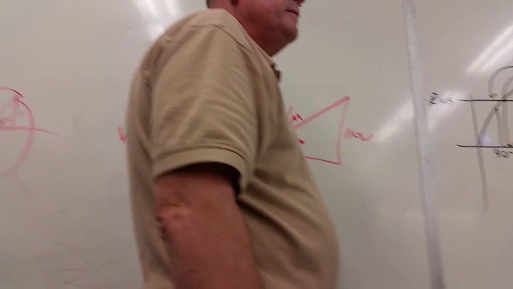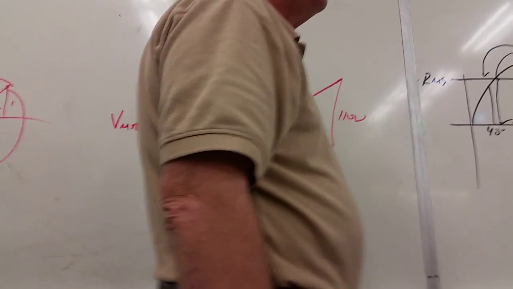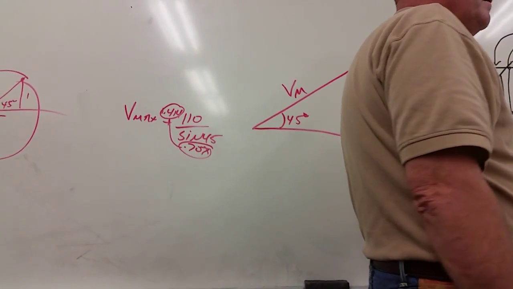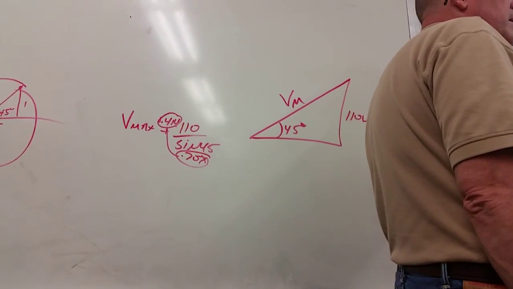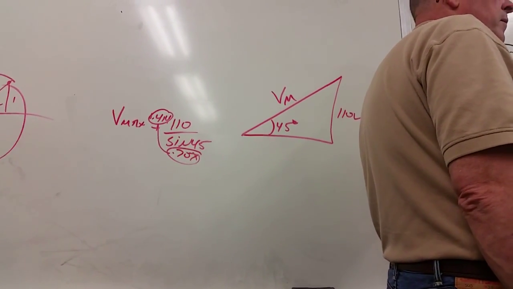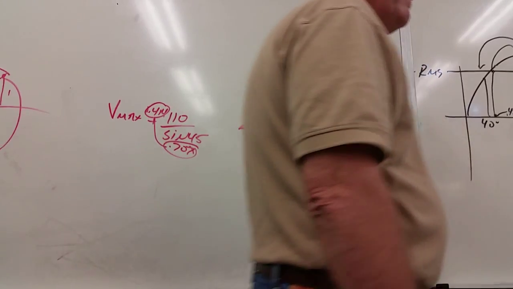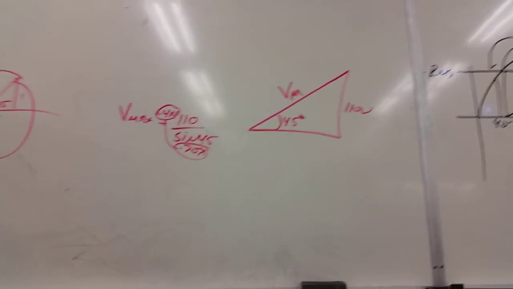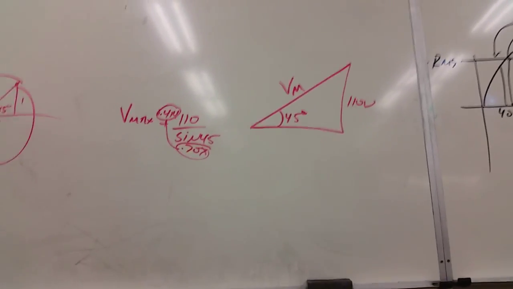You put it as the instantaneous value, right? Yes, unless they give you the max. Anytime we give you a number, unless they tell you it's peak, it'll be an instantaneous value.